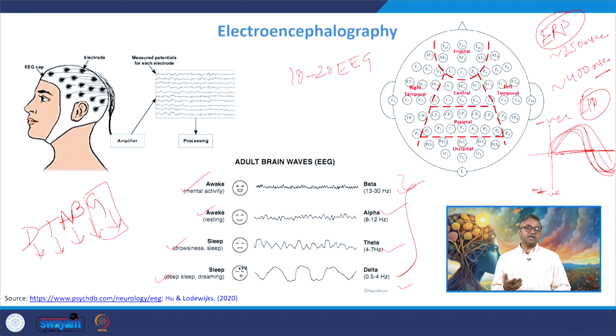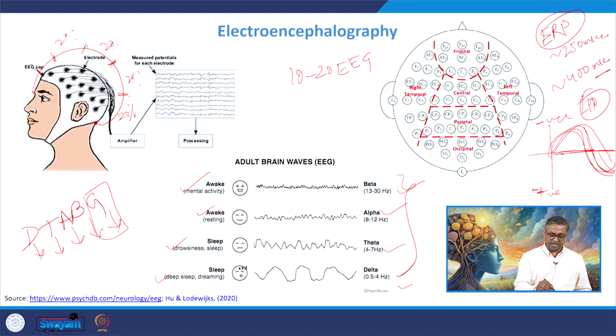When we are doing this, we consider the distance from the nasion to the inion point, which is at the back side, and then we do this distribution with 20%, 20%, 20%, 20% and 20%.